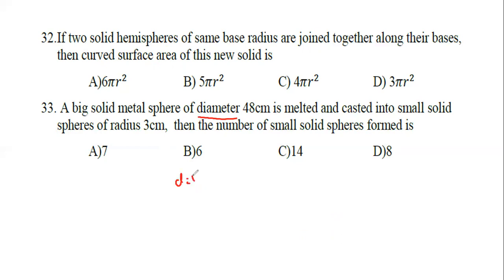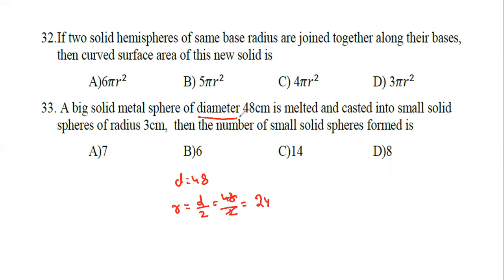If the diameter is 48, then the radius is d by 2, 48 by 2, which is 24.